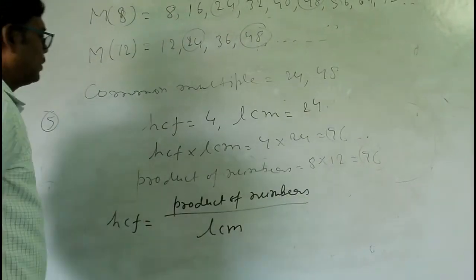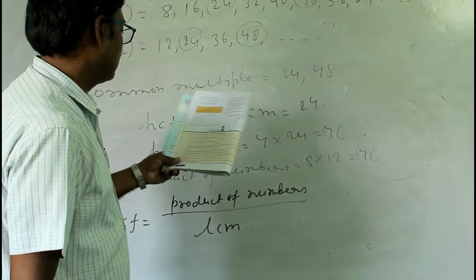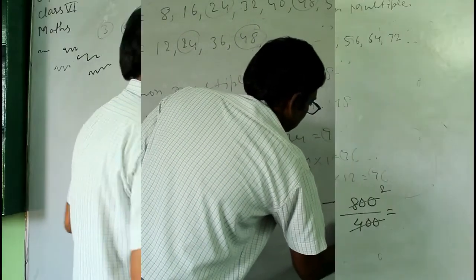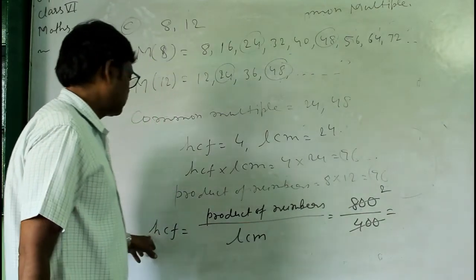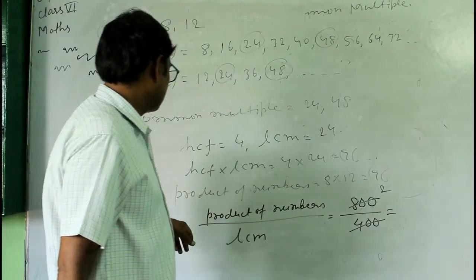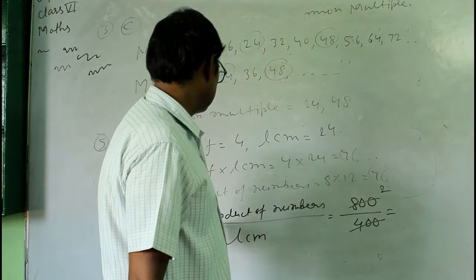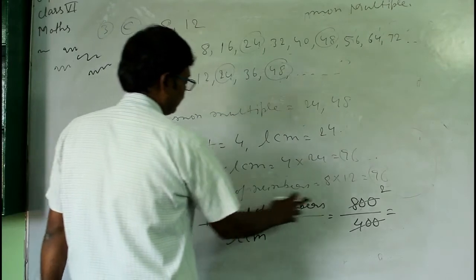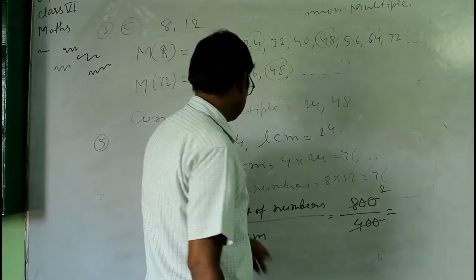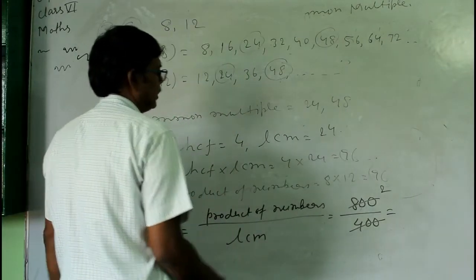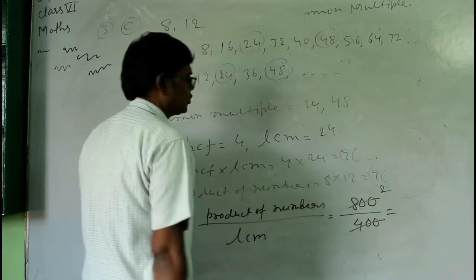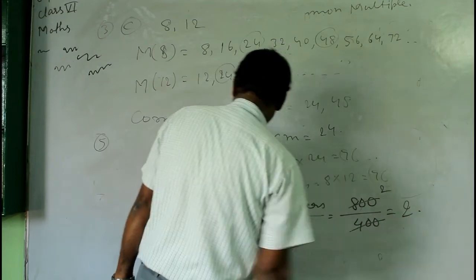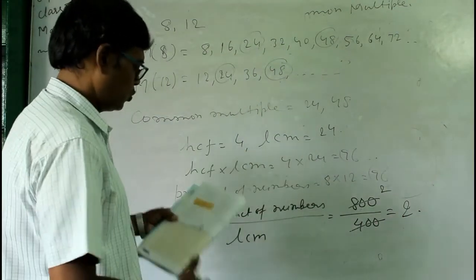We are given the product of numbers, that is 800, and the LCM is also given. So when you divide 800 by 400, the answer is 2. So here the HCF is 2.